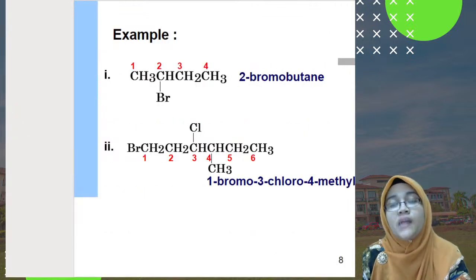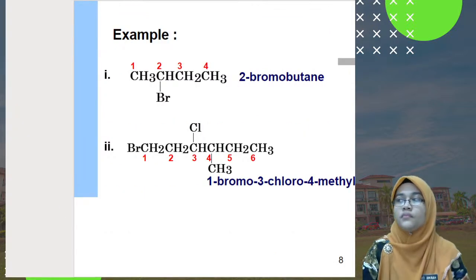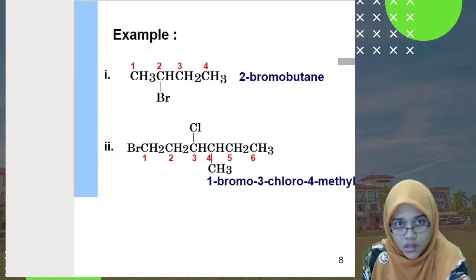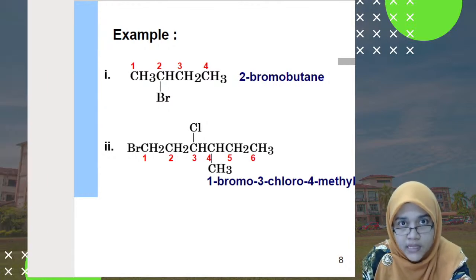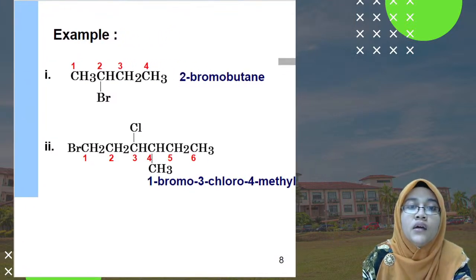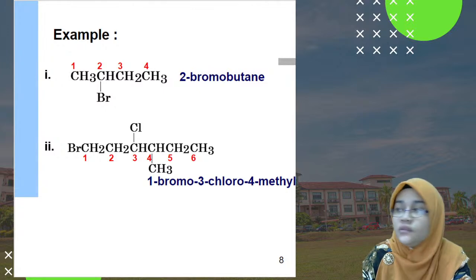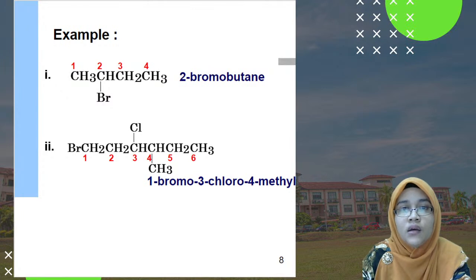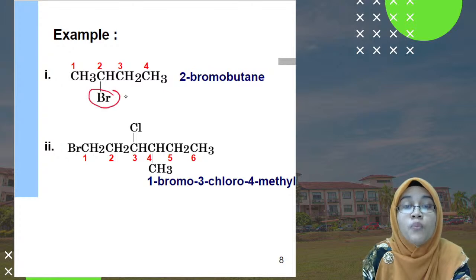Alright, for example, we have how many carbons here, class? Right, so the longest carbon chain is 4. The longest carbon chain is 4, and we have a substituent here, which is bromo.